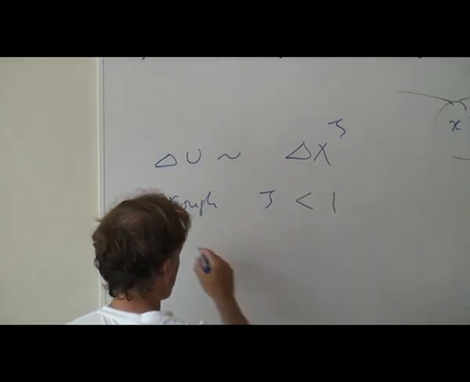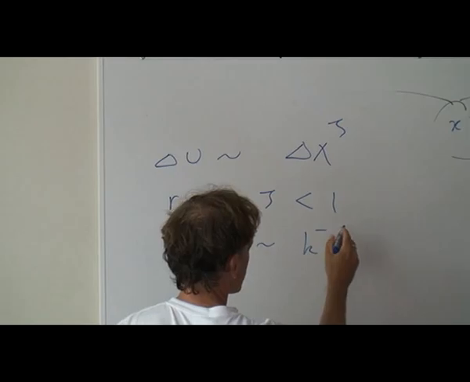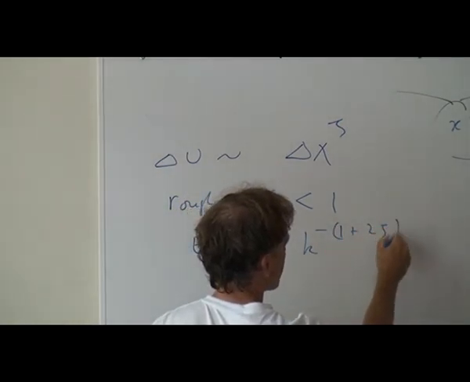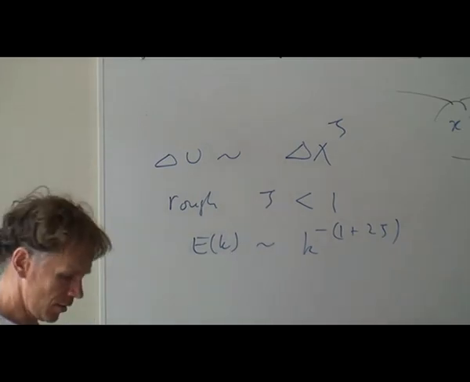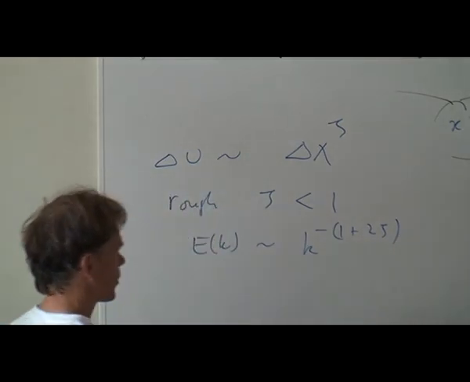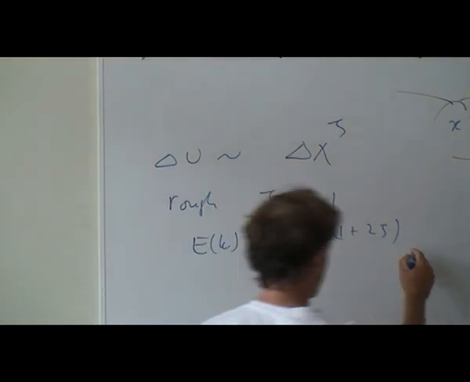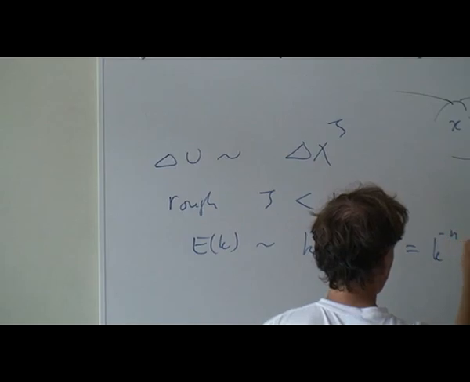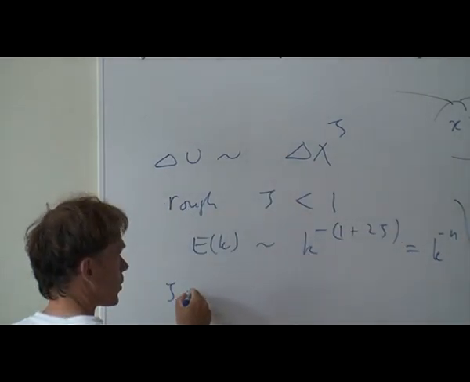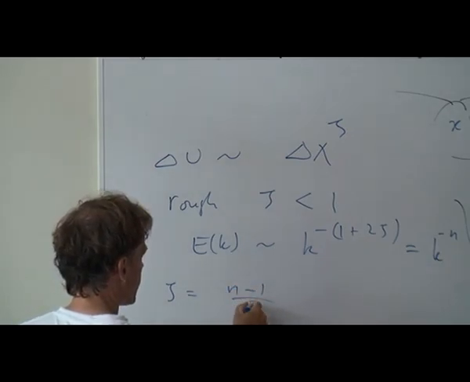Now, this is then related to a power spectrum, E of k, where k goes to the power minus 1 plus 2 times zeta. So if we say this goes to the power minus n, then zeta of course translates to n minus 1 divided by 2.